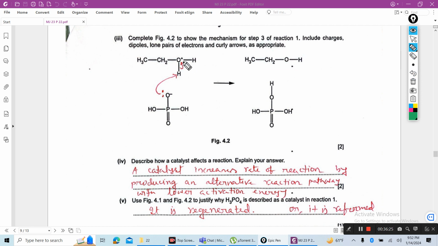So oxygen is positive, this bonding electron goes to the oxygen. So positive oxygen becomes neutral, and this nucleophile gives electron to H+. Phosphoric acid is again reformed. That means phosphoric acid works as a catalyst here.